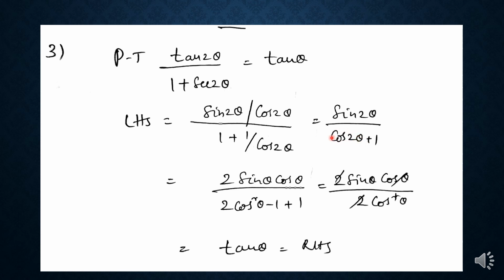What is cos 2 theta in terms of cos theta? That is 2 cos square theta minus 1. So sin 2 theta is 2 sin theta into cos theta divided by 2 cos square theta minus 1 plus 1. So here minus 1 plus 1 gets cancelled. Then by simplifying this, 2 cancels, cos theta cancels. Sin theta by cos theta is tan theta, which is the required proof.